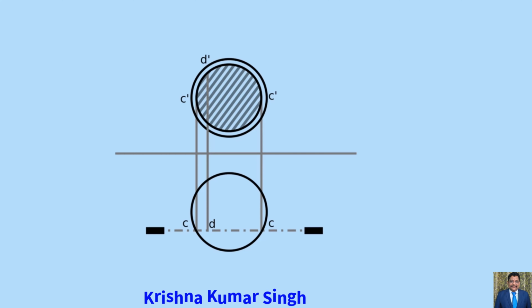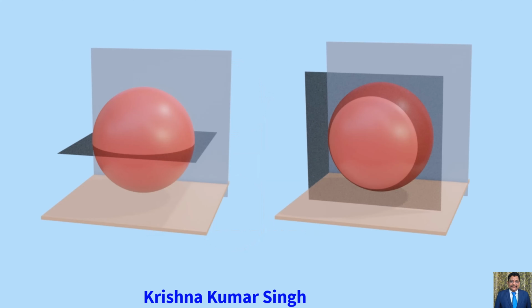So the true shape of the section will be seen in the front view such that the diameter of the section plane is C', and the width of the section will be the chord of the section circle, that is D'. It is clearly shown in the figure.